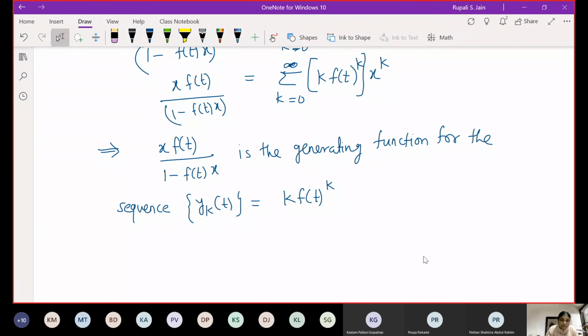Is that okay? k f of t raised to k, that is my another function.